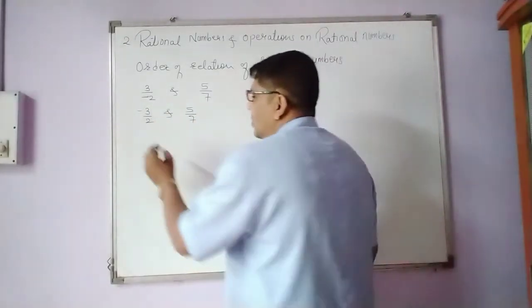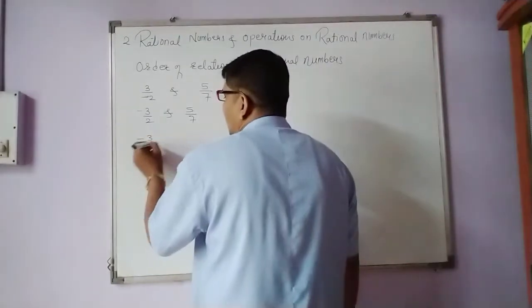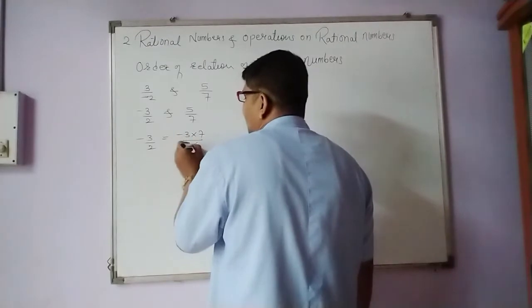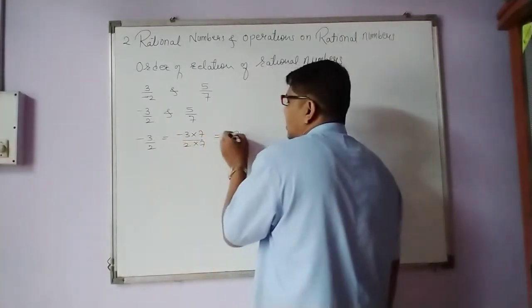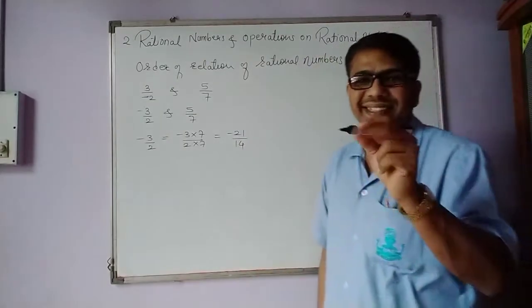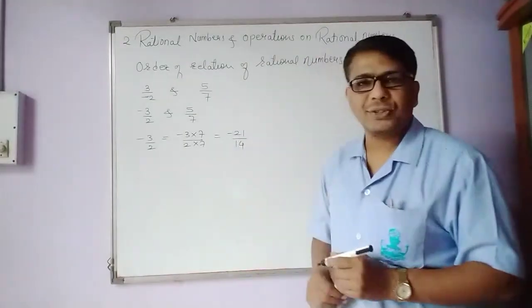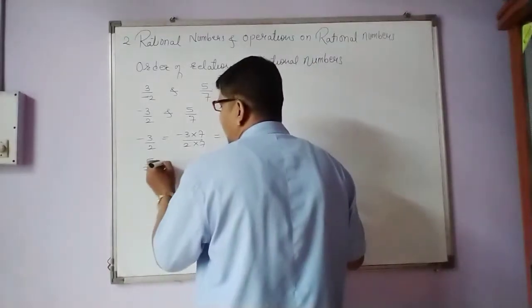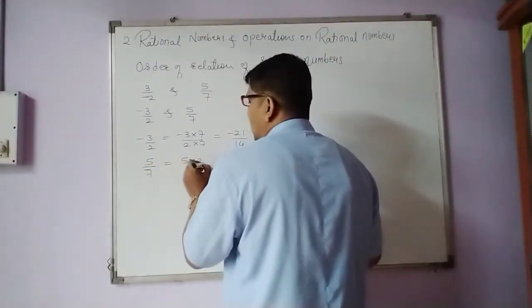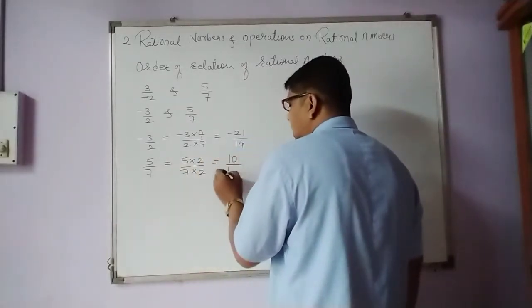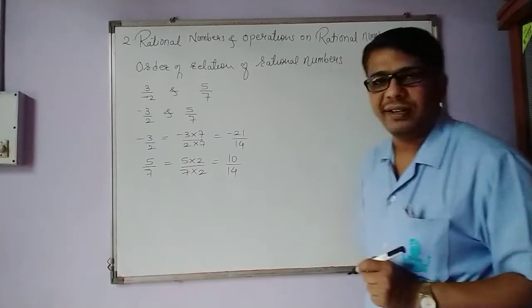So minus 3 upon 2, I can write as minus 3 into 7 upon 2 into 7. Is it not the equivalent fraction? Yes, it is. So I got minus 21 upon 14. And 5 upon 7, I can write as 5 into 2 upon 7 into 2. So 5 2s are 10, 7 2s are 14.